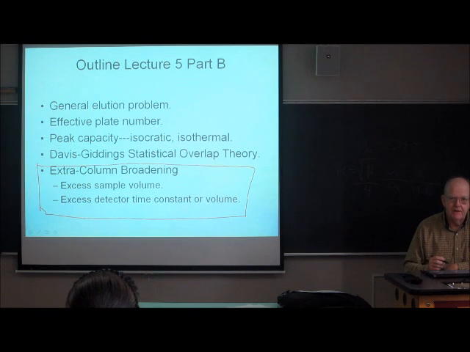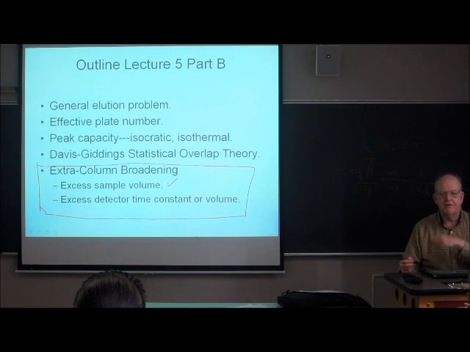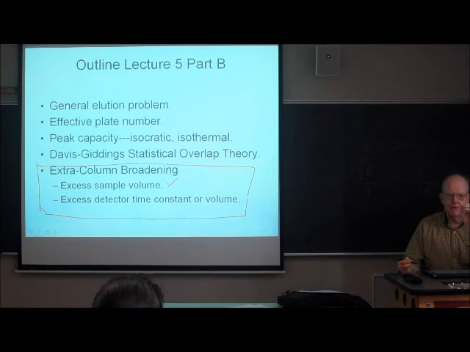And we're going to talk today about two of these, and that is what happens when you inject an excessive volume of sample. I'm using the word volume deliberately. I don't mean amount of sample, moles or grams of sample, but the actual volume you inject can be excessive for the column that you're using. And the other factor that's related to this is at the other end of the column, it's your detector.